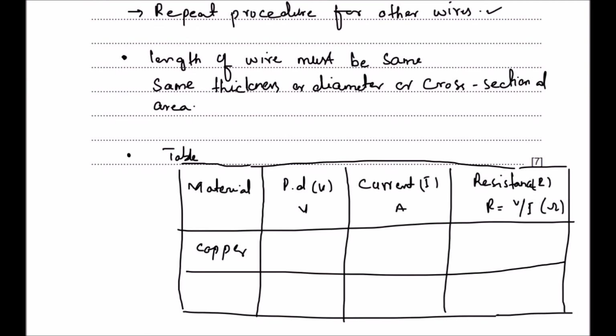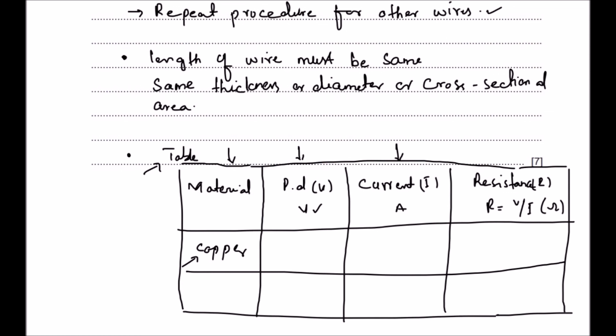This is the table in which you record your observations. In the first column, you write the name of the material, for example copper. In the second column, you measure the potential difference across the copper wire in volts by using a voltmeter.